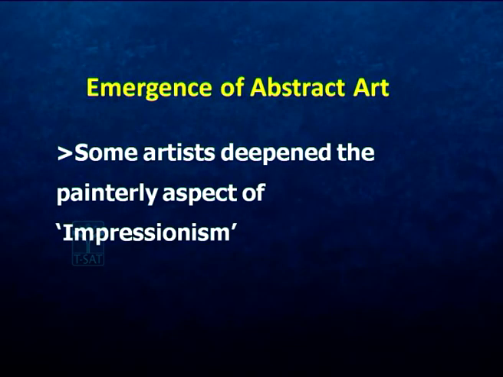Abstraction emerges by the end of the first decade of the 20th century, by 1910. We have seen that Wassily Kandinsky started experimenting in an abstract language. So we have several artists, and abstraction becomes international. And what is abstraction?